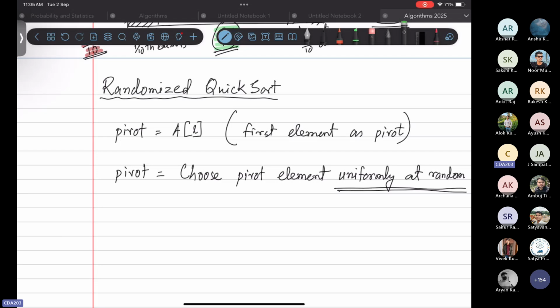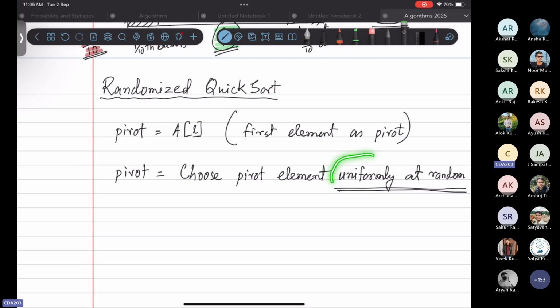Note that was not the case when I took the first element as pivot. There I was fixing which element to be chosen as pivot. Now this time I'm saying I can take any one of the available elements as my pivot.